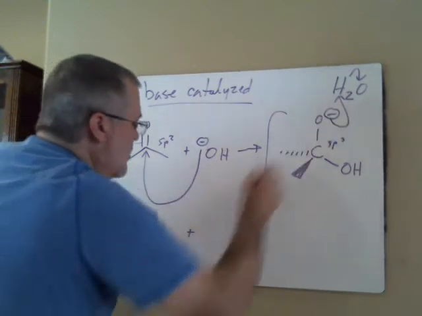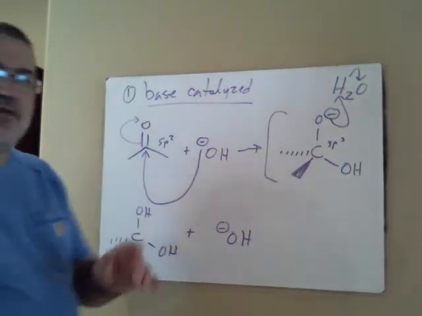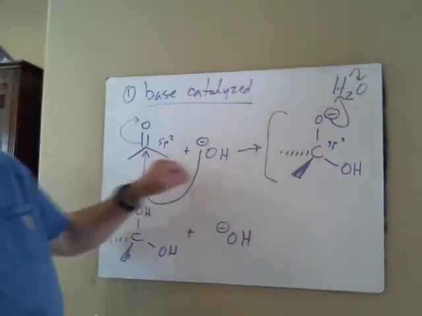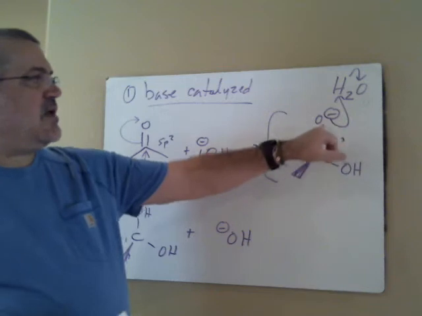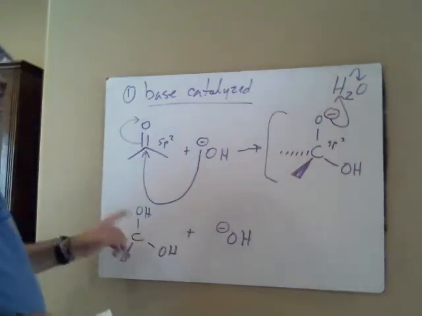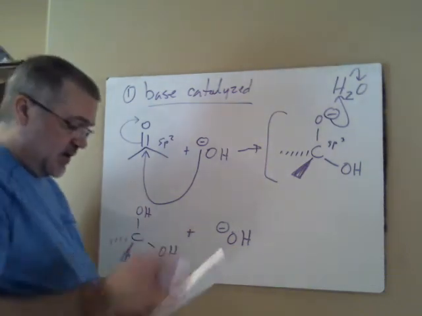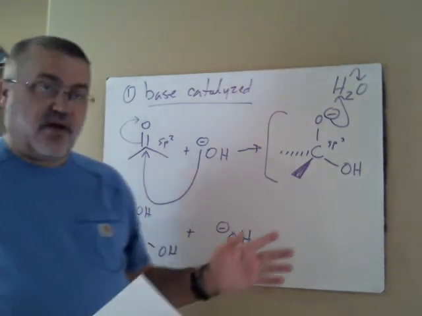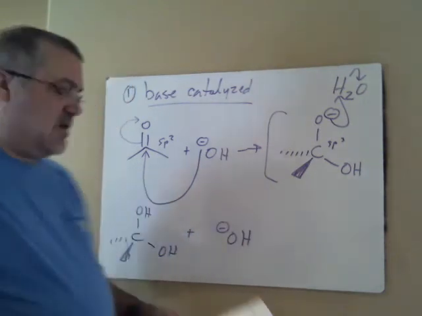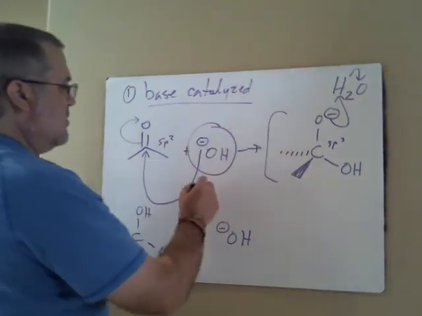but it's also done what? It's generated an OH minus. So all you have to do is have one molecule of OH minus present. It'll do this reaction, and then the resulting O minus of the carbonyl gets protonated with water, and you reform your OH minus. So anytime that you have a nucleophilic addition that's base catalyzed, what that's going to do is make this species more nucleophilic.